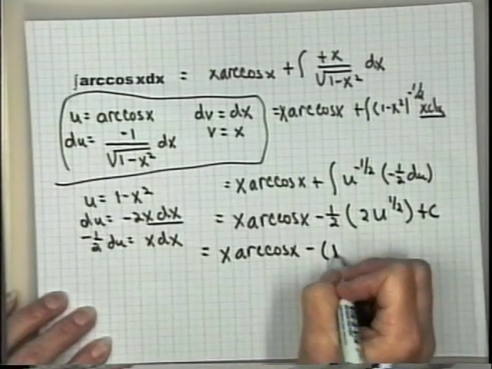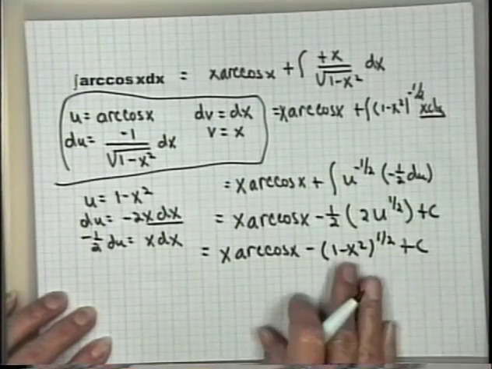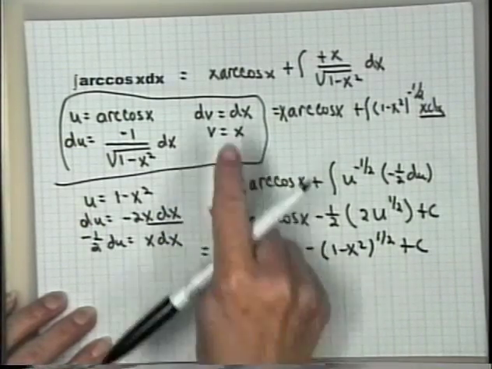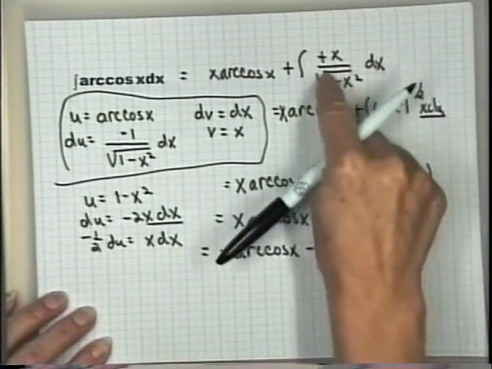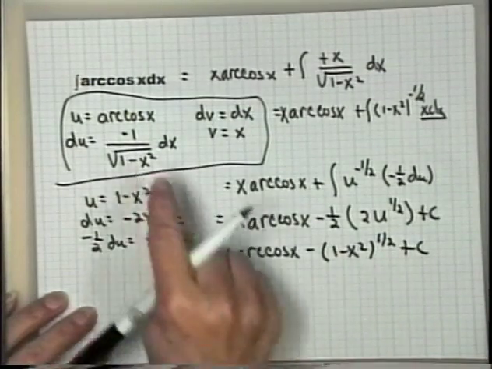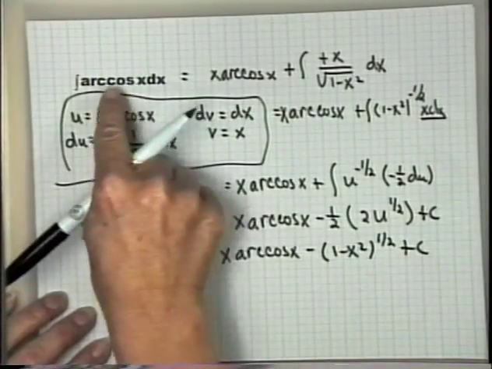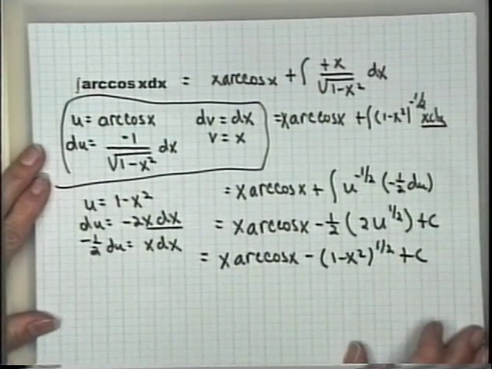My u was 1 minus x squared, and I have my antiderivative. So on this one, we did parts to get us started, and then we had a direct u substitution here to finish us off. But the nice thing is now I can find the antiderivative of an inverse trig function using parts.